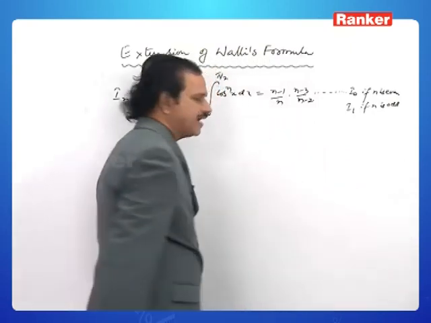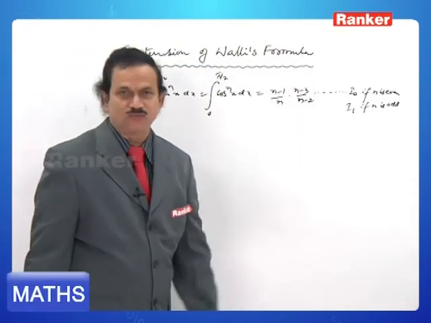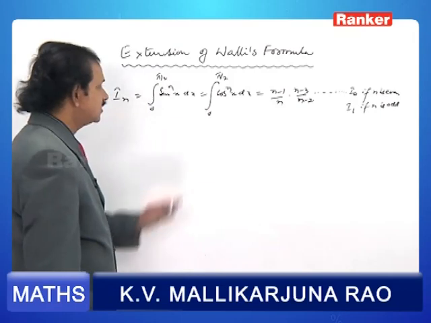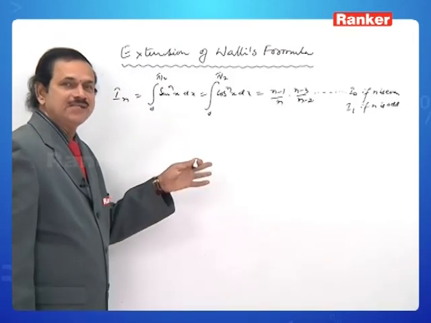And of course we know that I0 is pi by 2 and I1 is 1. Well, this is the standard Wallis formula.